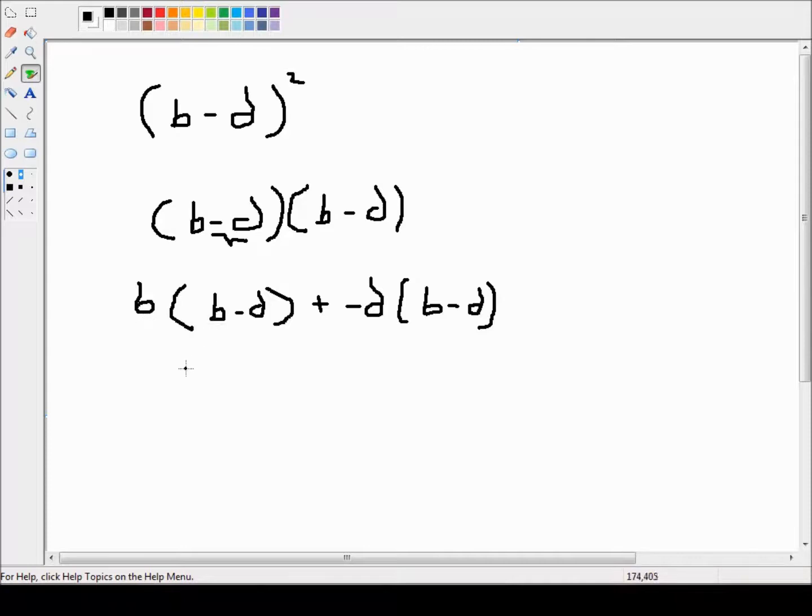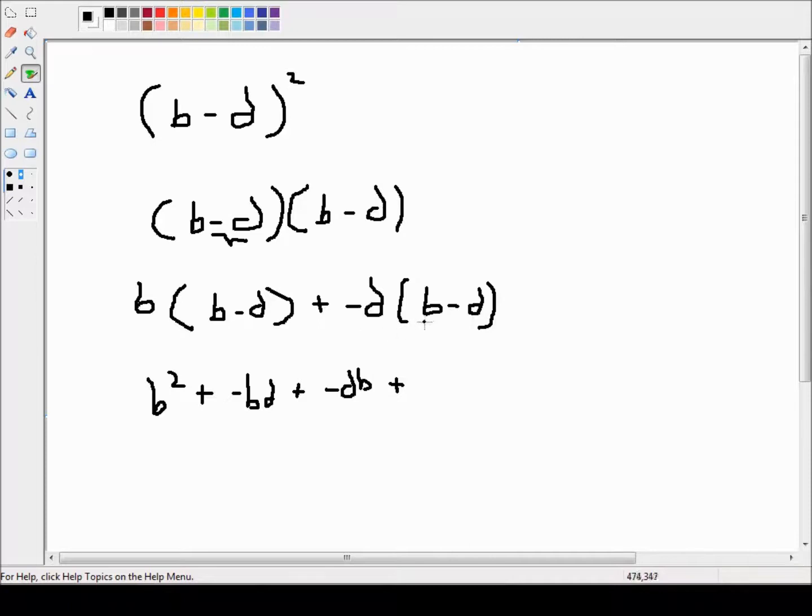So this is b times b, which is b squared, plus b times negative d, which is negative bd, plus negative d times b, plus negative d times negative d.